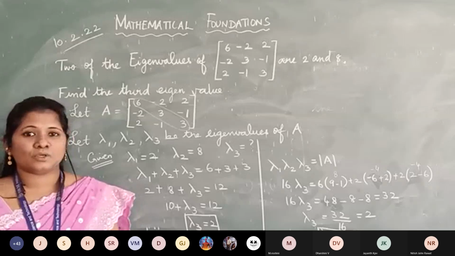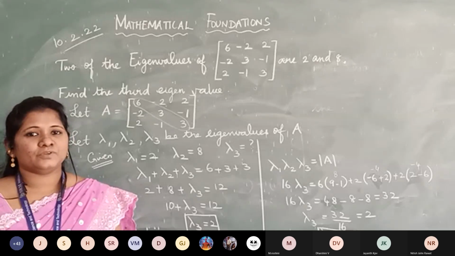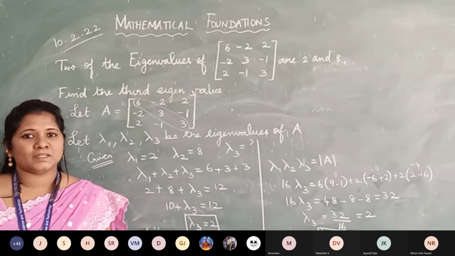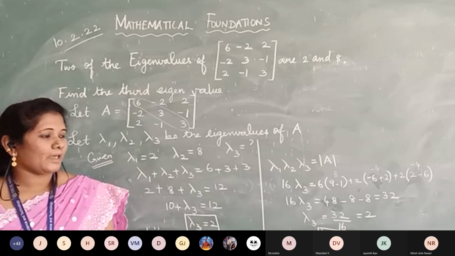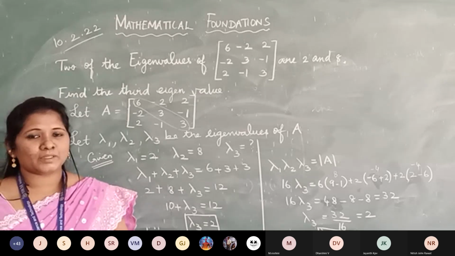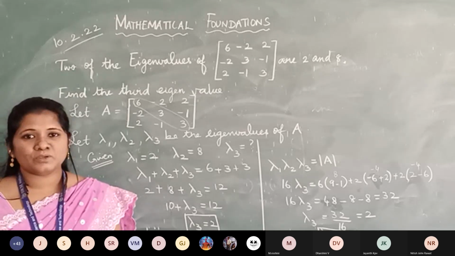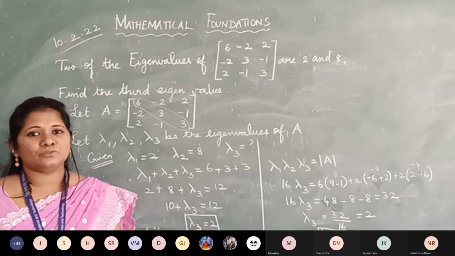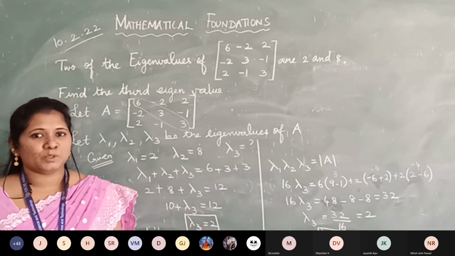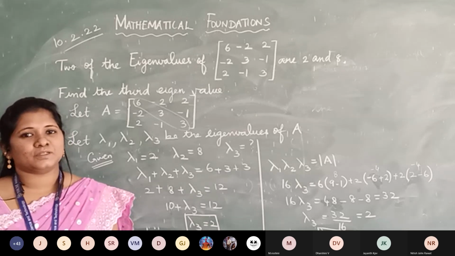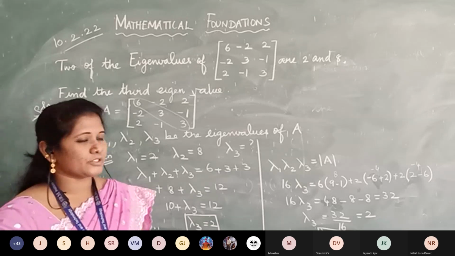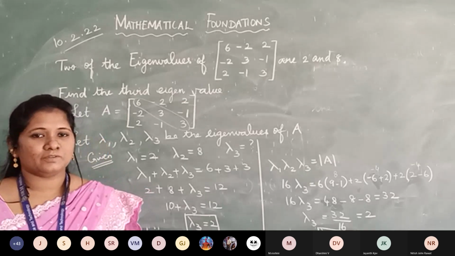So with this method, you can verify it. Here, check if the sum of the eigenvalues you've got is equal to the sum of the main diagonal elements. And you can also find the determinant of A; if it is equal to the product of the eigenvalues, that is also okay. So through verification, you can do it when you're finding your eigenvalues and eigenvectors.